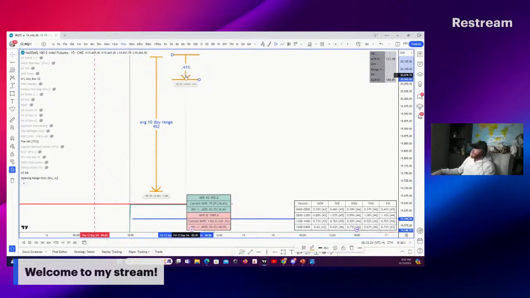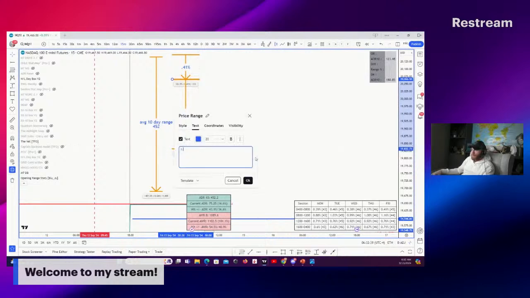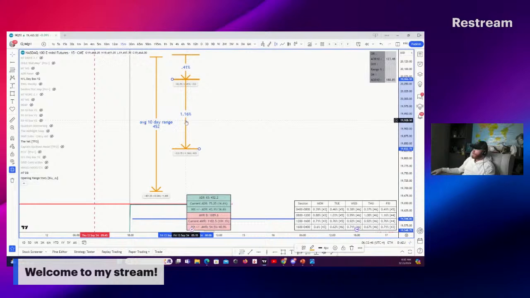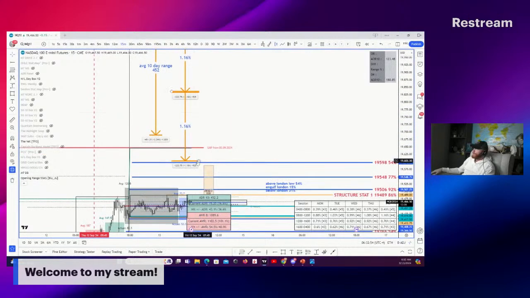From 8 to 12 on a Friday, we move 1.16 out of the last 44 Fridays. And then from 12 to 16, we typically move 0.76.